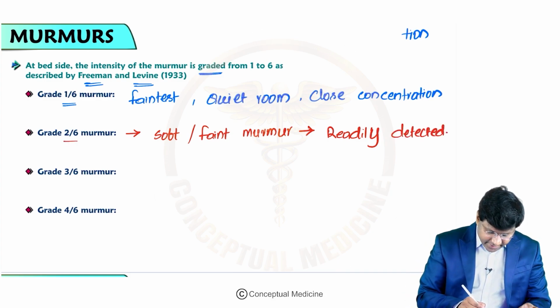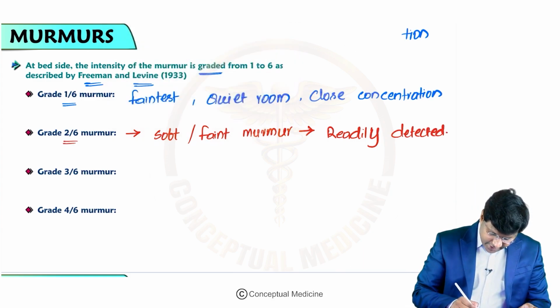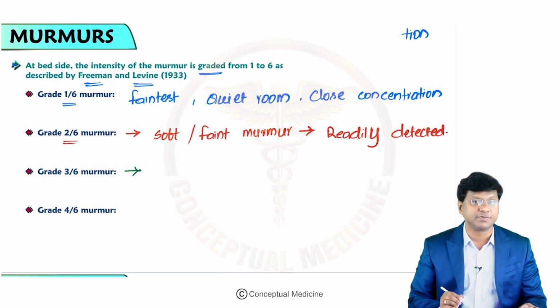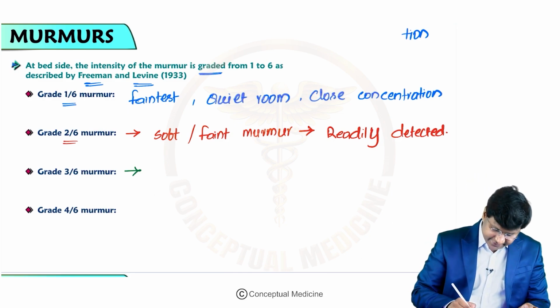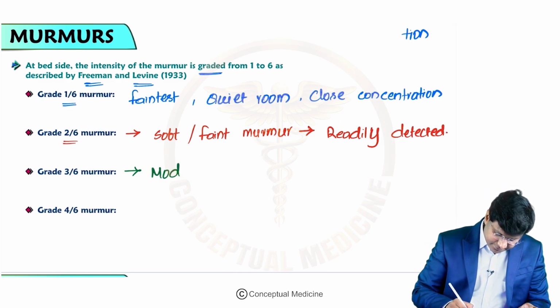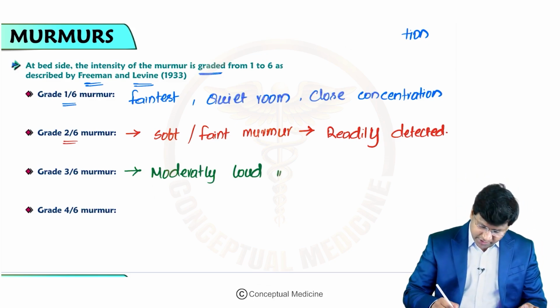So that will be grade 2/6 murmur. And if you take grade 3/6 murmur, it is the murmur with moderately loud intensity, right? Moderately loud murmur without thrill.